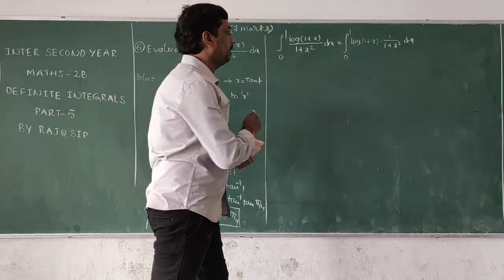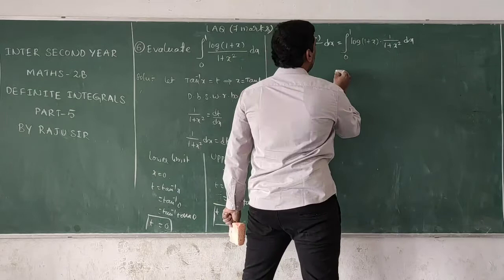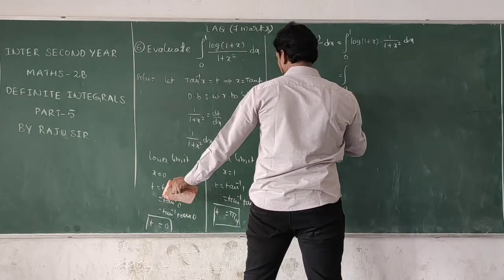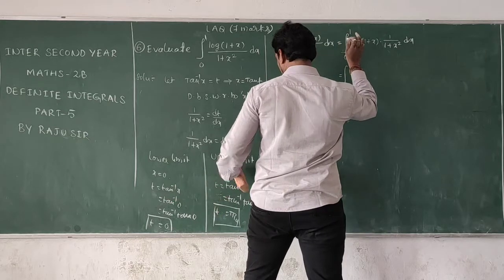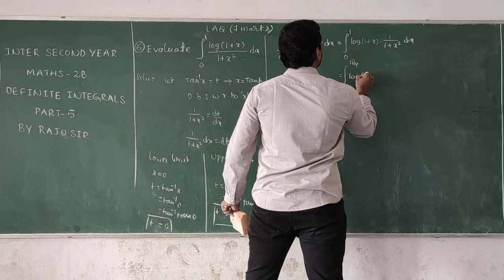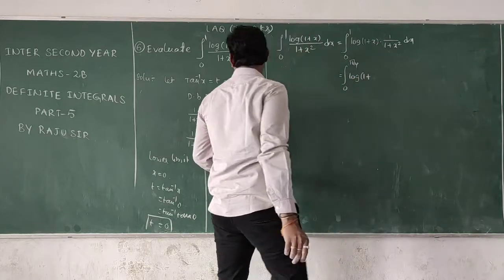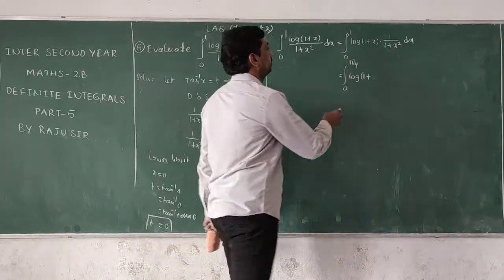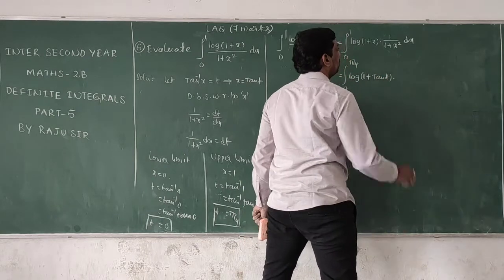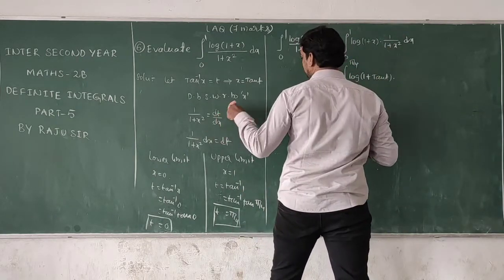Is it clear? Yes. Now substitute. Lower limit 0, here also 0. Upper limit, if x equals 1, then that becomes pi by 4. Log of 1 plus x, with x value tan t. And 1 by 1 plus x square into dx becomes dt.